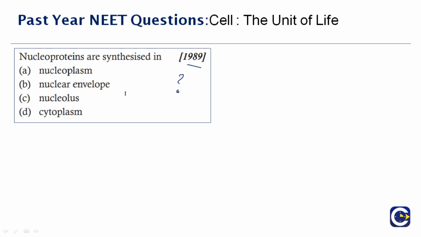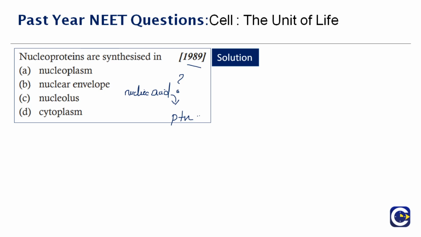So, it is nucleic acid bonded with a protein. Now, this nucleoprotein is synthesized in the nucleoplasm, nuclear envelope, nucleolus or cytoplasm? Nucleoproteins, as I said, are complex proteins which have nucleic acid attached to a protein.